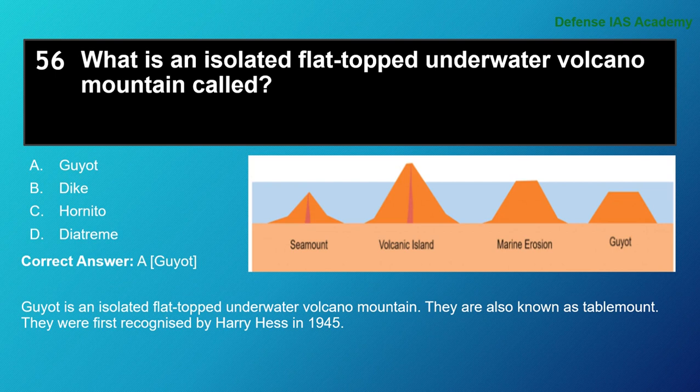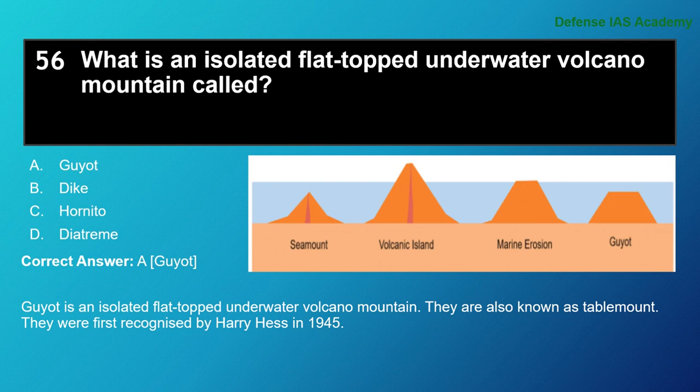Now, if the volcano does not reach the surface of the ocean, it is called a seamount. And when it grows in height and volume and reaches the ocean surface, it becomes a volcanic island. An example of a volcanic island is the islands of Hawaii.